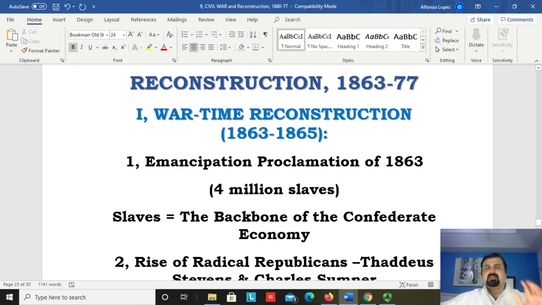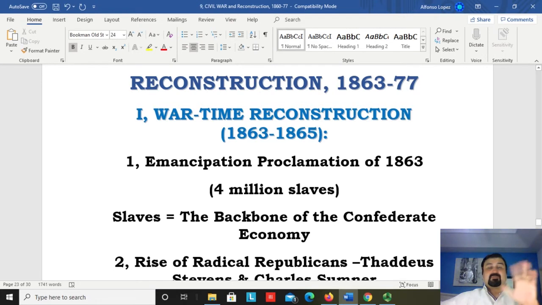So the first stage of Reconstruction started during wartime. This is called wartime Reconstruction, in which, as I mentioned, in 1863, President Lincoln issued the Emancipation Proclamation of 1863. This is pretty much laying the groundwork, if you will, for how we're going to be moving forward.